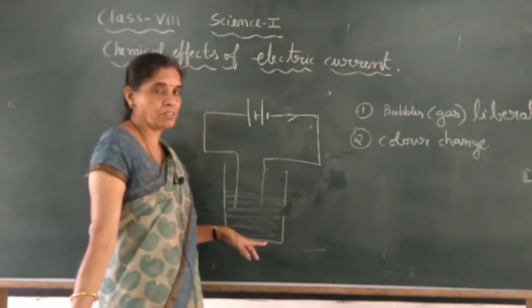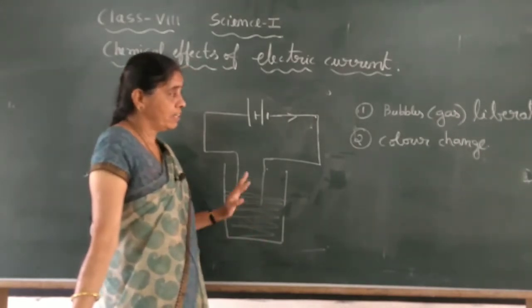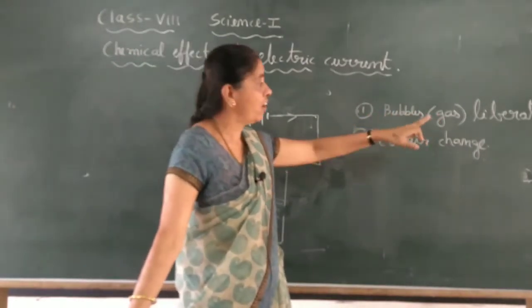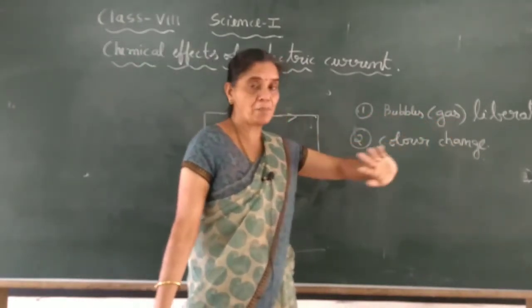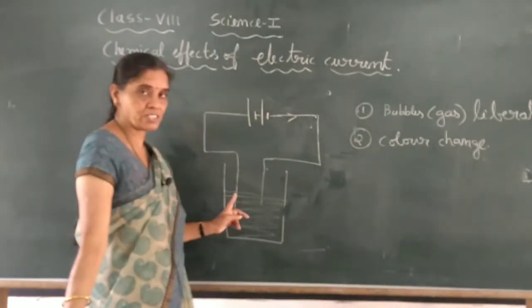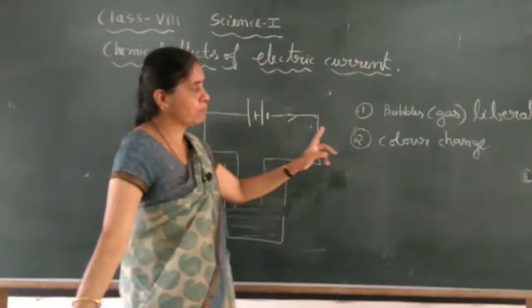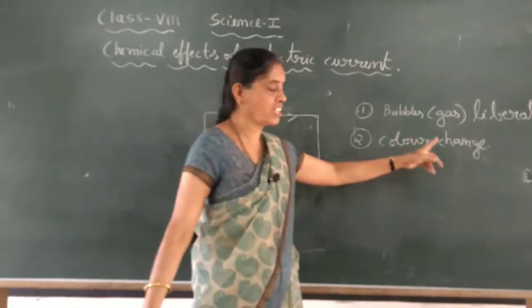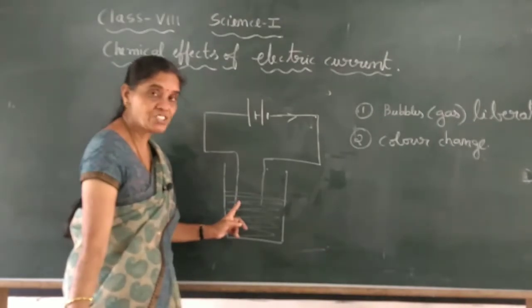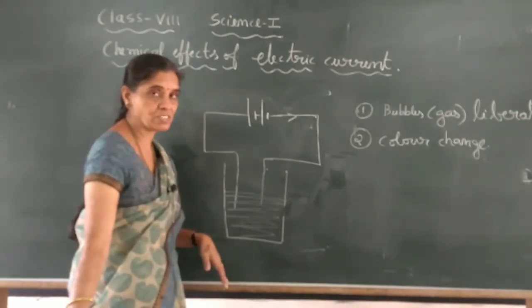In some of the experiments you can see some bubbles liberating, which is nothing but the gas liberating at one or both of the ends, okay. Or sometimes you can see a color change. Whatever the liquid taken, the color change takes place in some of the cases.